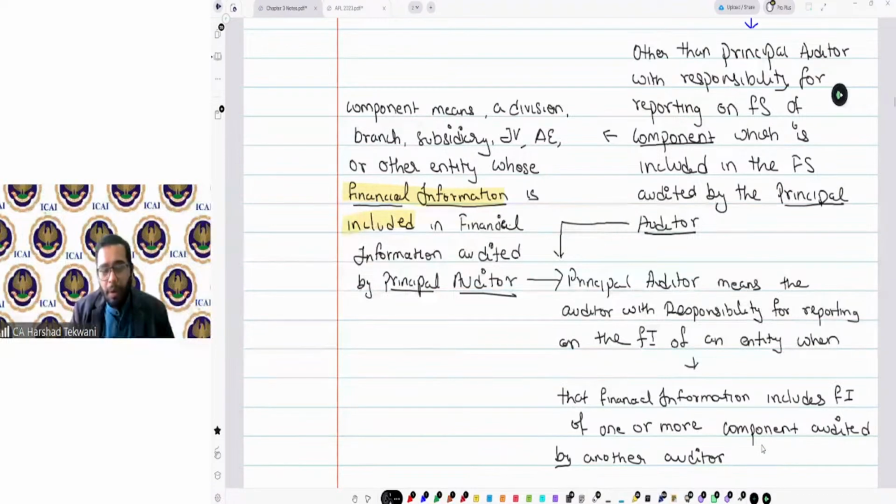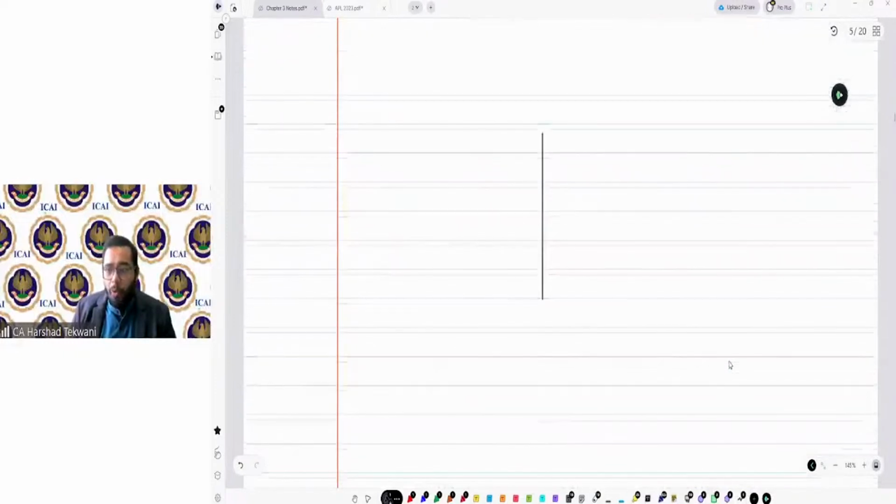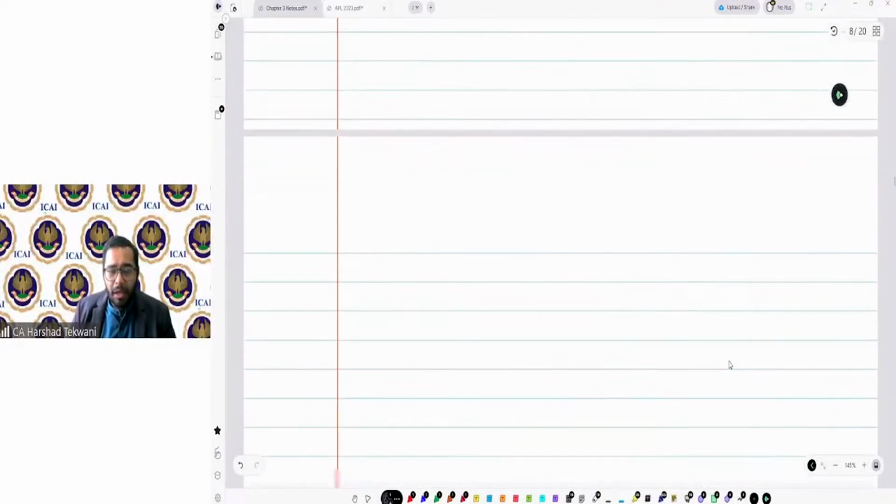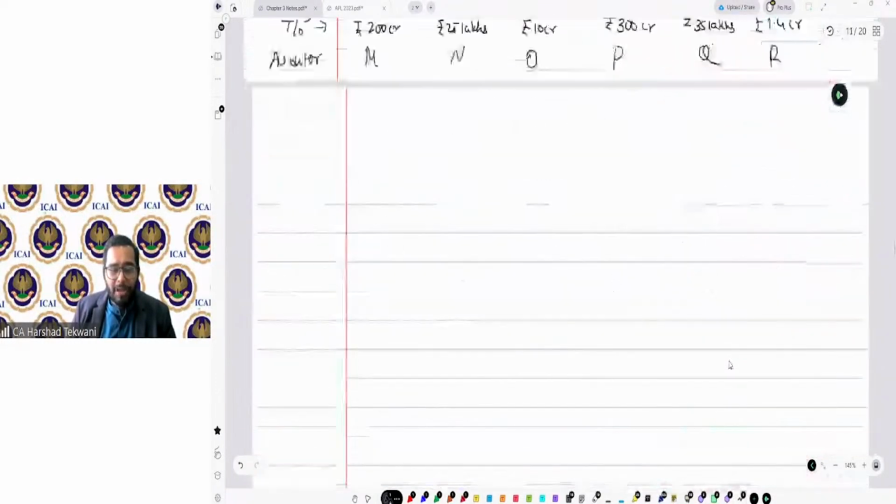Okay, that will be the principal auditor. Now, before he considers himself a principal auditor, what things are necessary that the principal auditor needs to understand?